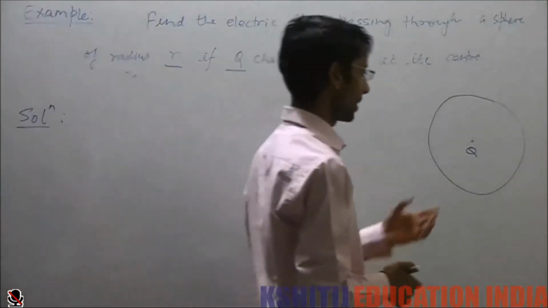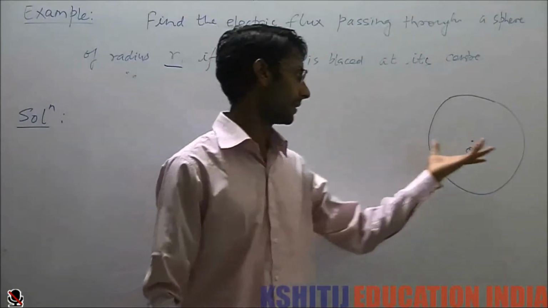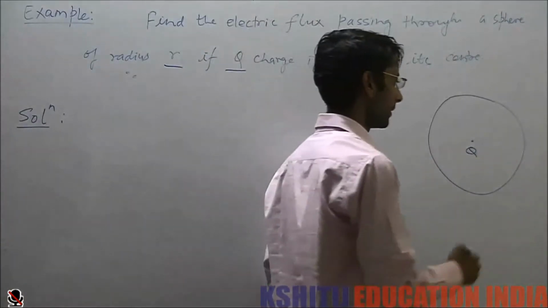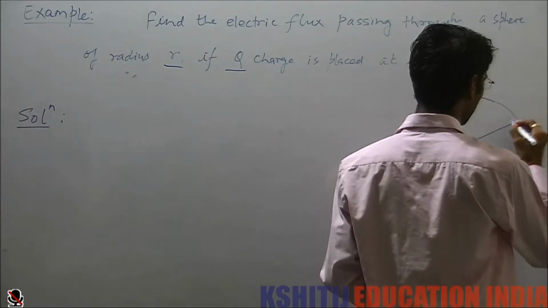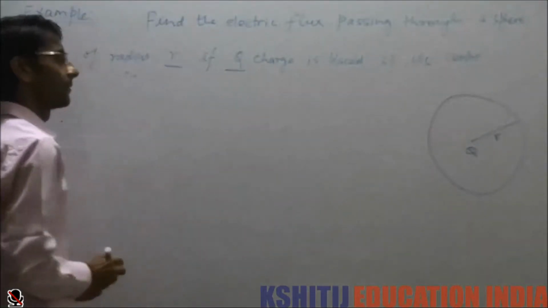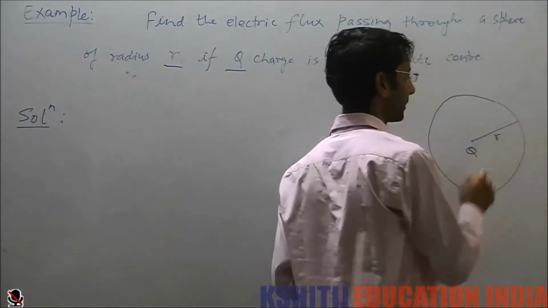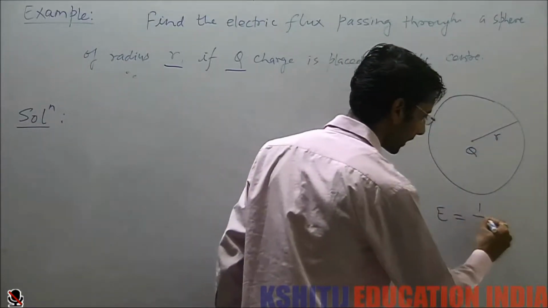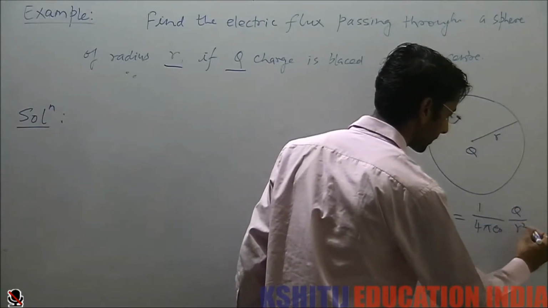So let's try to identify it. If there is a charge, then there is an electric field generated by that charge. And the electric field at any point which is, let's say, r distance away, because this radius is r, we write as E equal to 1 upon 4 pi epsilon naught Q divided by r square.